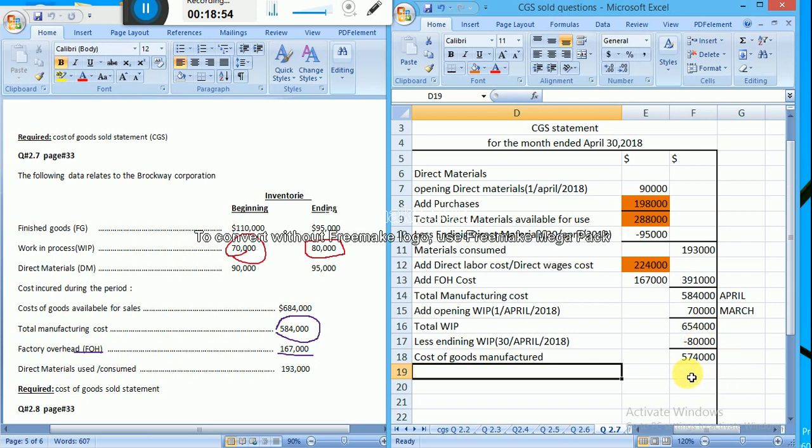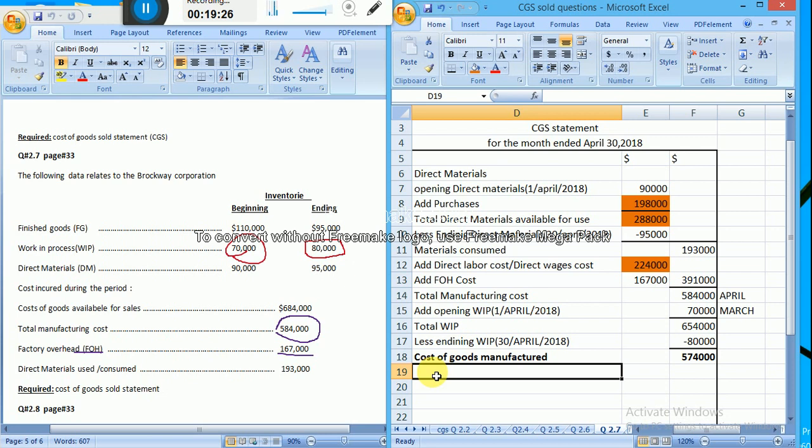So cost of goods manufactured is 5,74,000. What does it mean? It means that the 5,74,000 finished goods we produced in this month. This is our April month production of the finished goods.